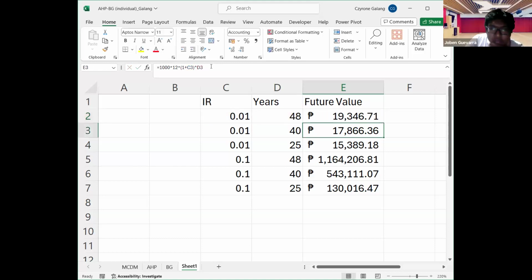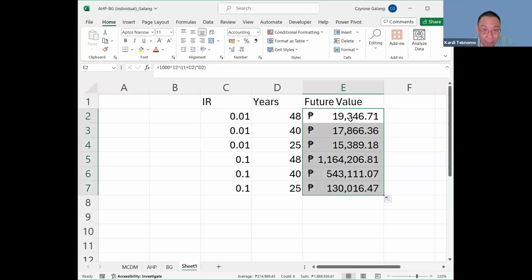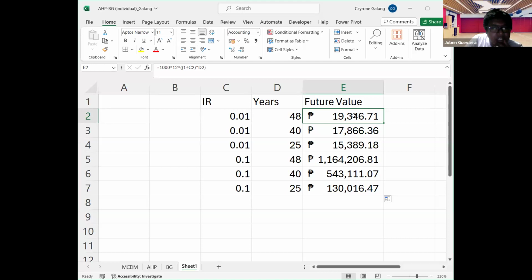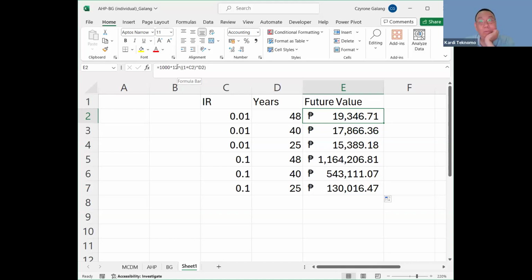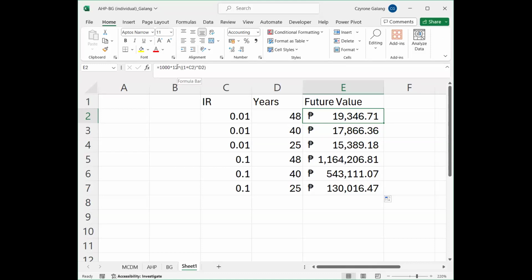I think it should not be an exponent, sir. It should be an exponent. For the 0% it's the same. Multiply the exponent by 12 so that it will become per year.